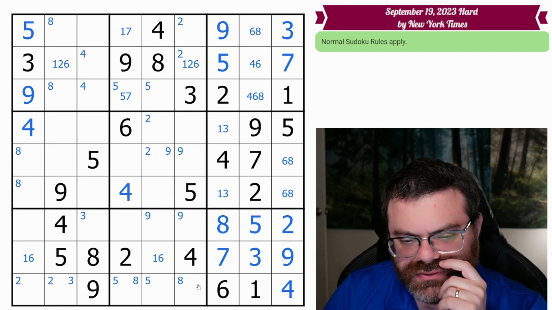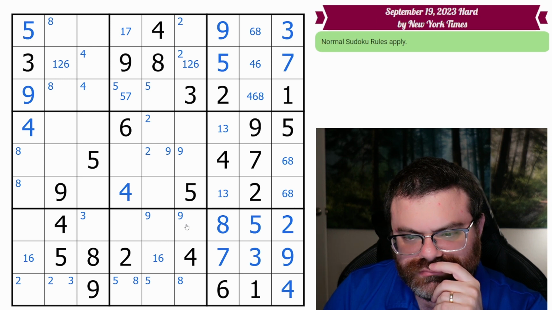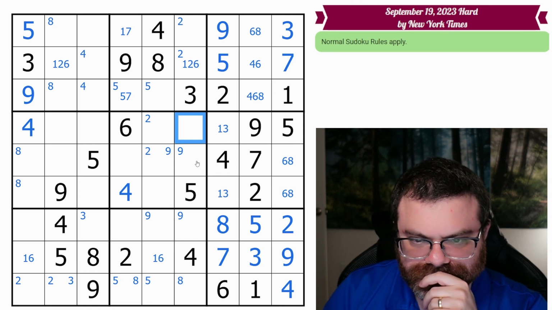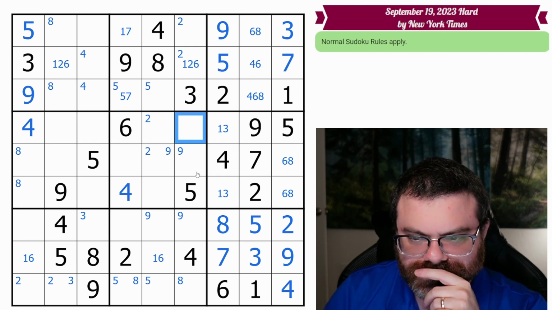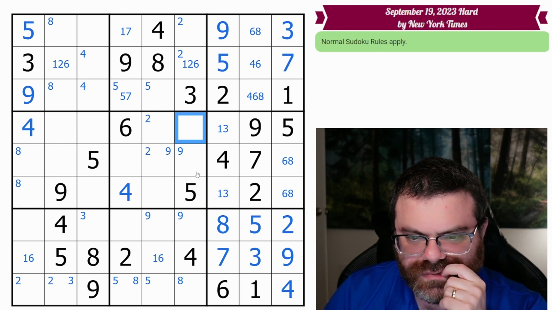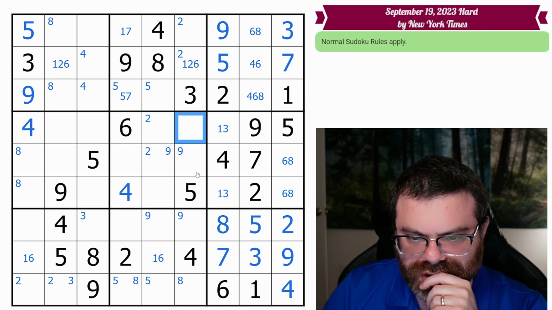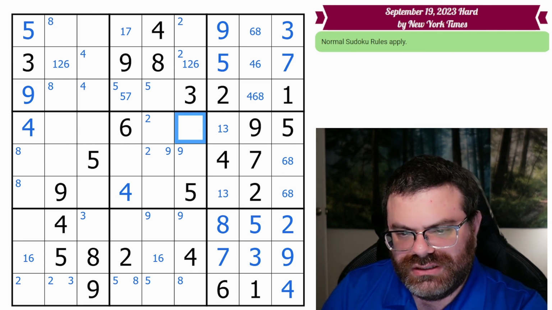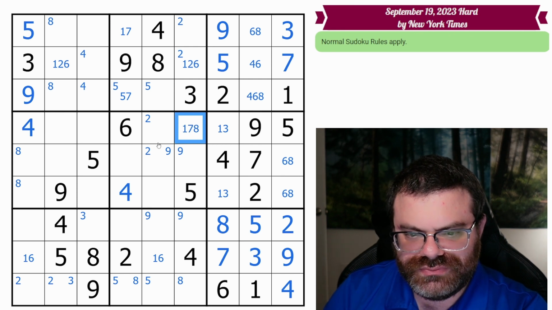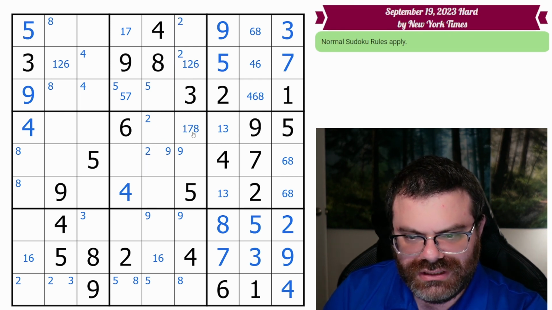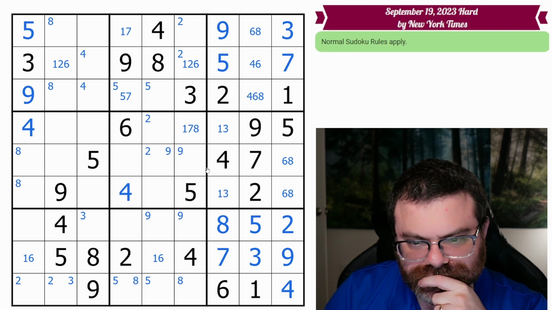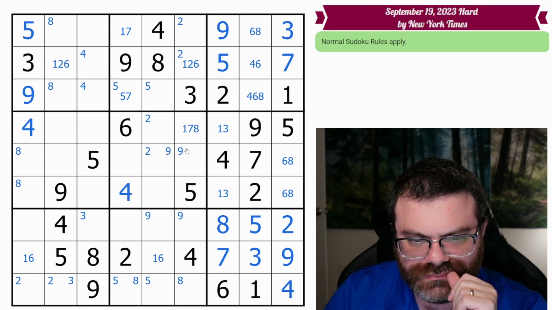I may have to actually pencil more. This sees 3, 4, 5, 6, 9. So 1, 2, 7, 8. Not a 2, actually. This is only 1, 7, 8, I think. Sees 2 in the box or the column. Sees 3, 4, 5, 6, and 9. But I don't think 1, 7, 8 helps. Feel stalled.